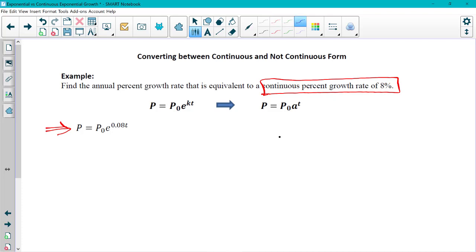If it's a growth rate of 8%, that is my k as a decimal. So what I need to do, just like I did in the last example, is take whatever our initial amount is, P sub 0, and convert e to the 0.08.